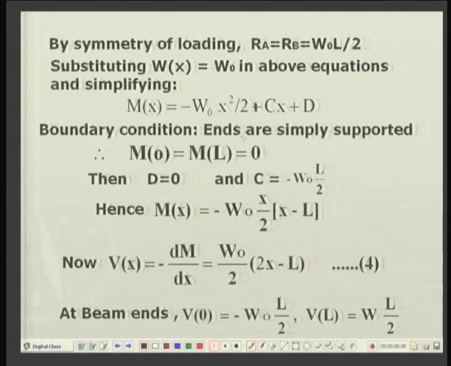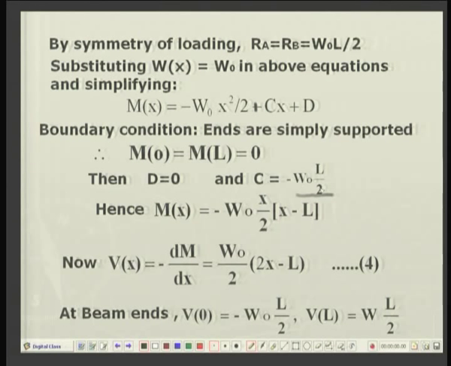And then I put x equal to L. So, M at L is equal to 0, D is already found to be 0. So, this term will be minus W0 L square by 2 and this term will be equal to C L. So, you can easily see that C will come out to be minus W0 L by 2.